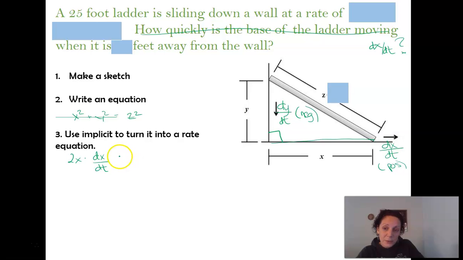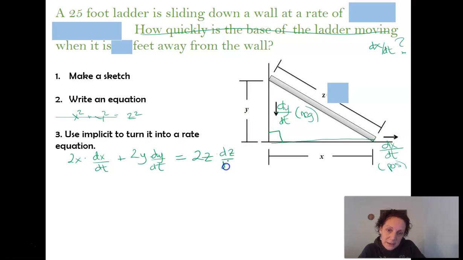I need to take the derivative of y squared. That's 2y dy/dt. And then the derivative of z squared is going to be 2z dz/dt.